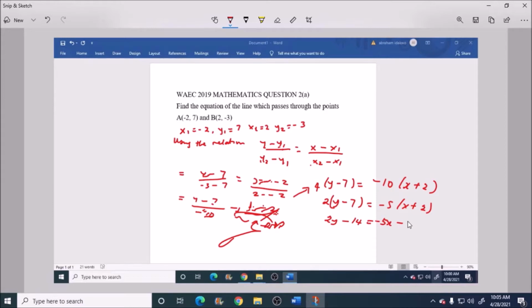Now 5x plus 2y minus 4 is equal to 0 is the required equation.